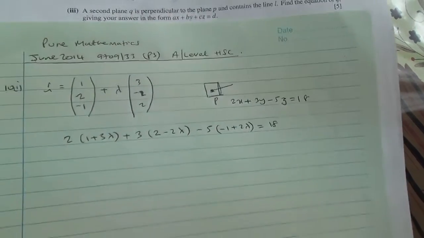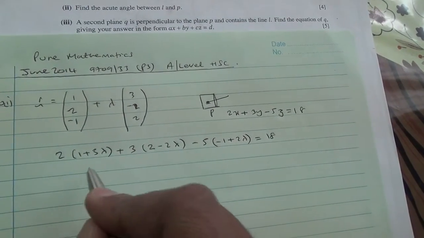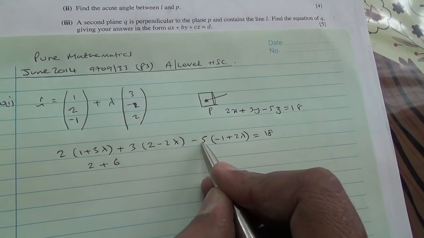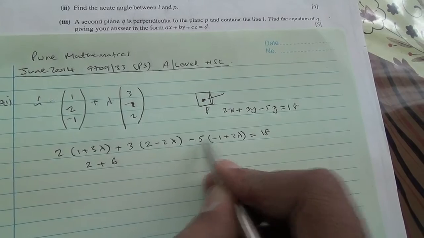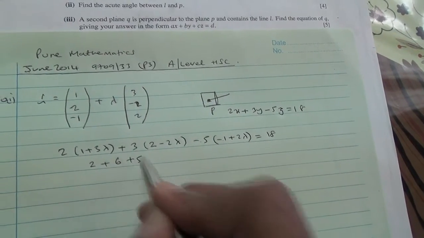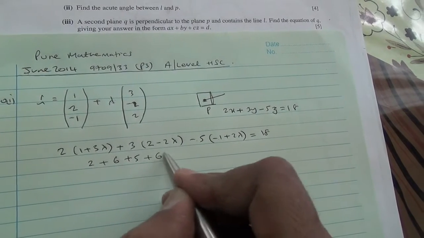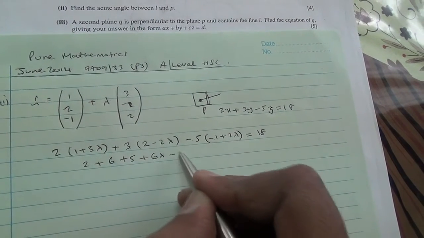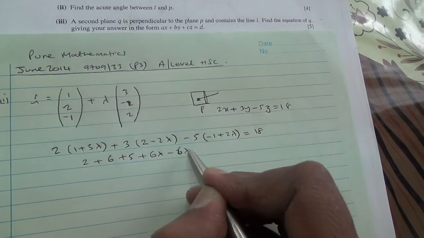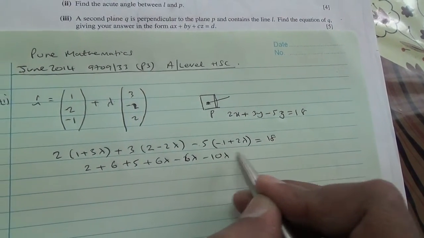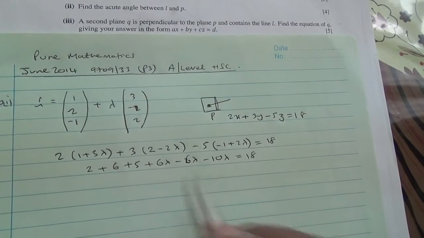So adding up, we have 2 times 1 is 2, plus 3 times 2 is 6, minus 5 times minus 1 is plus 5. Then 2 times 3 lambda is 6 lambda, 3 times minus 2 lambda is minus 6 lambda, minus 5 times plus 2 lambda is minus 10 lambda, equal to 18.